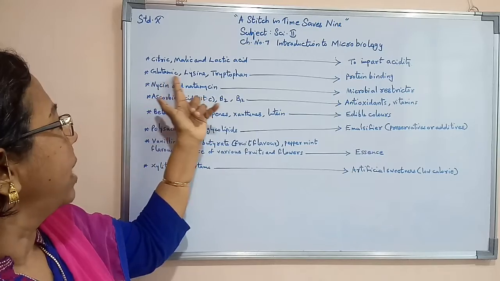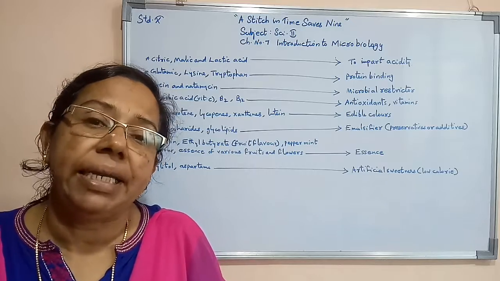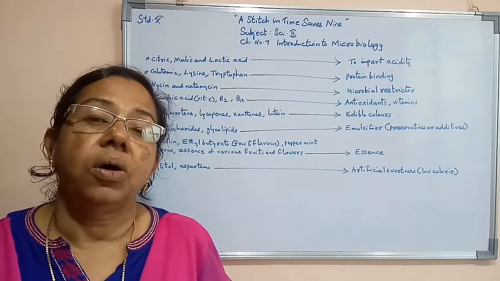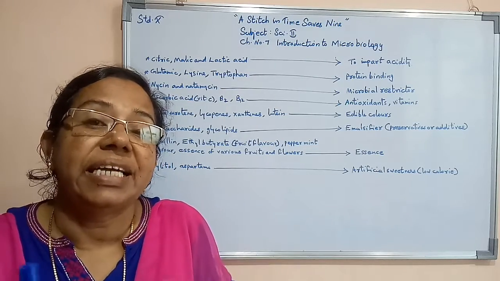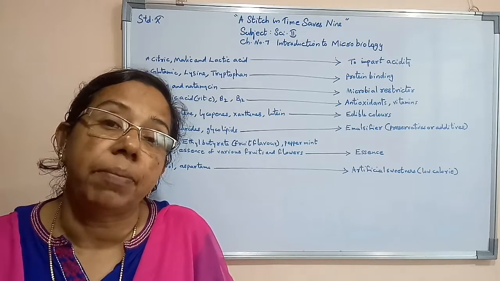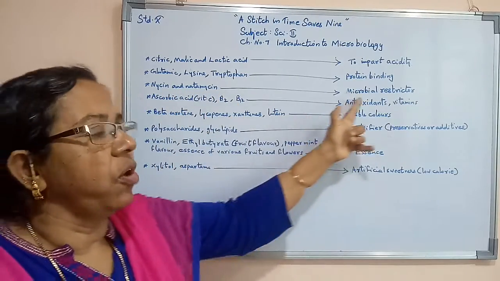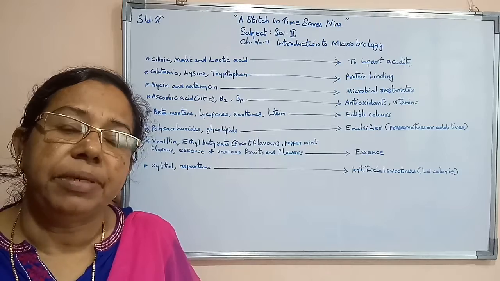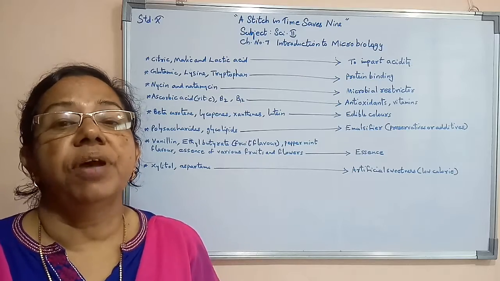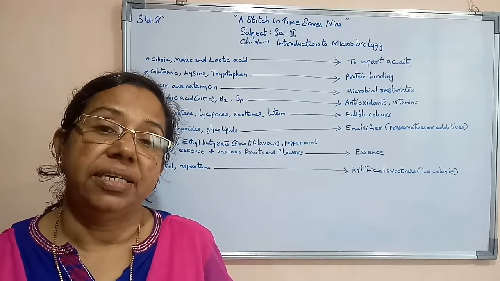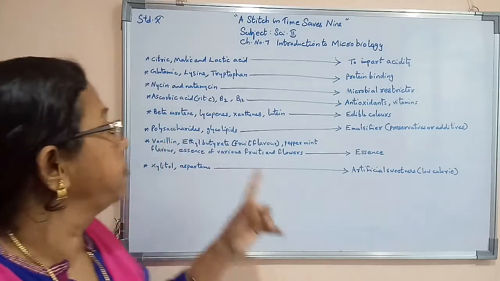Then glutamic acid, lysine as well as tryptophan help with protein binding inside the cell, attaching proteinaceous substances together. Niacin as well as natamycin act as microbial restrictors. That means they prevent the overgrowth of microorganisms, they control the overproduction of microorganisms.